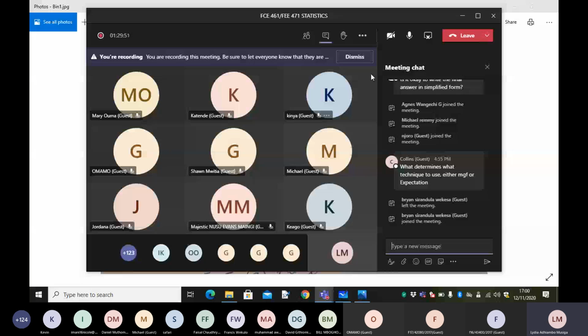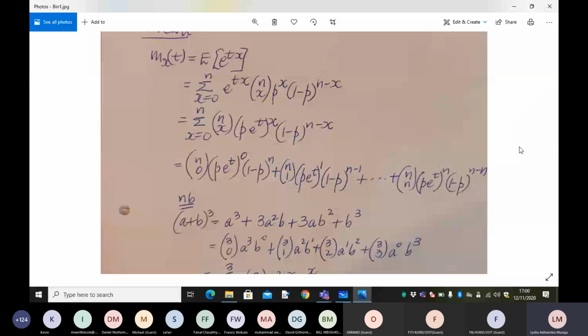We usually guide, if it is in the exam, we ask for the technique to be used. Like now, for the binomial distribution, it is also possible to do it using expectation. But if we were to use expectation, it takes around 3 foolscaps. So this is why I preferred to use the moment generating function technique, because that one takes only 1 foolscap.